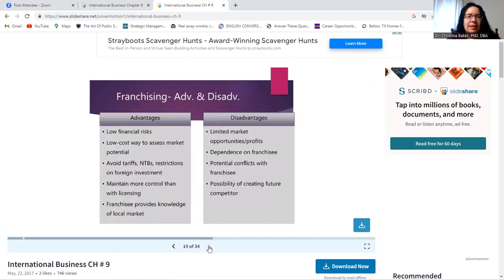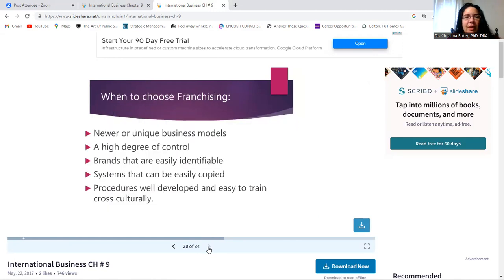Franchising advantages: low cost and risk, a low-cost way to assess market potential, avoids tariffs and NTB restrictions with foreign investment, maintains more control than licensing, and the franchisee provides knowledge of the local market. Disadvantages: limited market opportunities and profits, dependence on the franchisee, potential conflicts with the franchisee, and possibility of creating future competitors.